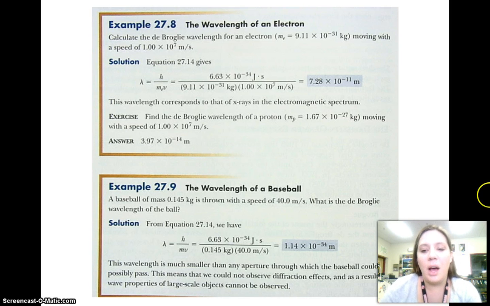So we were able to diffract and bend that light around, okay? But it's not reasonable that we could have a baseball that would be able to fit through something that was smaller than an atom. And that's why we don't observe the wave-like properties of large-scale objects, although they do have it.